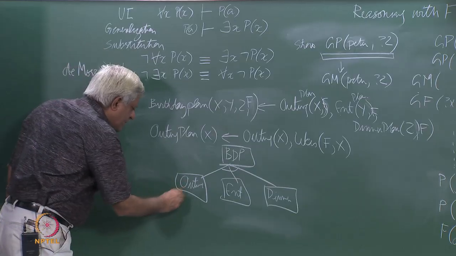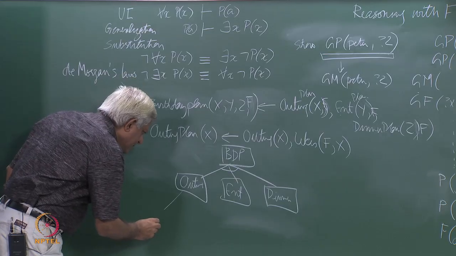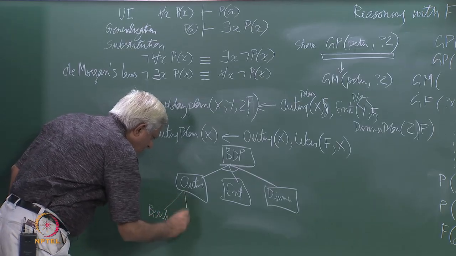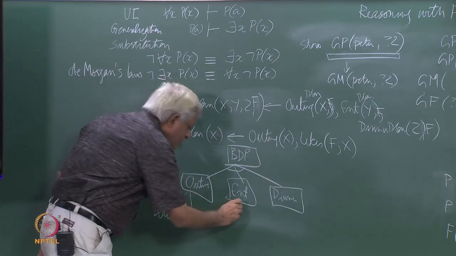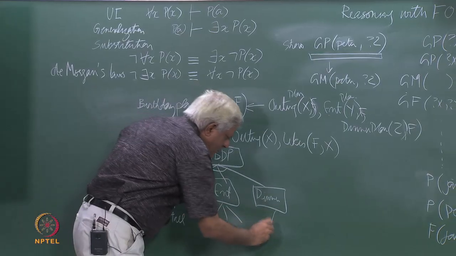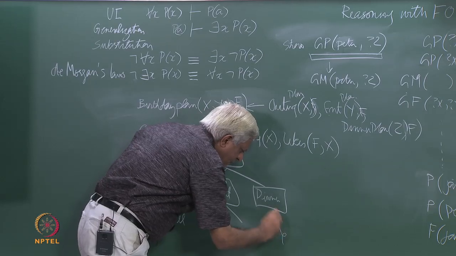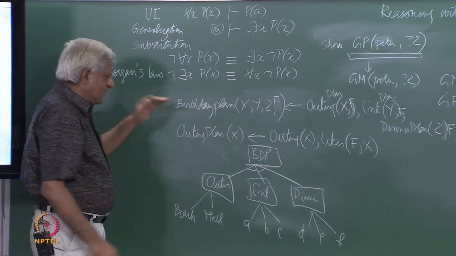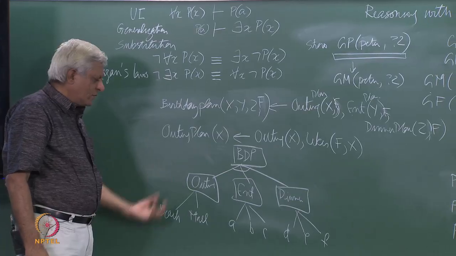And below this would be an OR tree which said that outing, let us say beach or mall and things like that, and entertainment could be some movie A or movie B or movie C, and restaurant could be some restaurant D or E or F, and below that of course you have the facts like whether your friend F likes going to the beach.